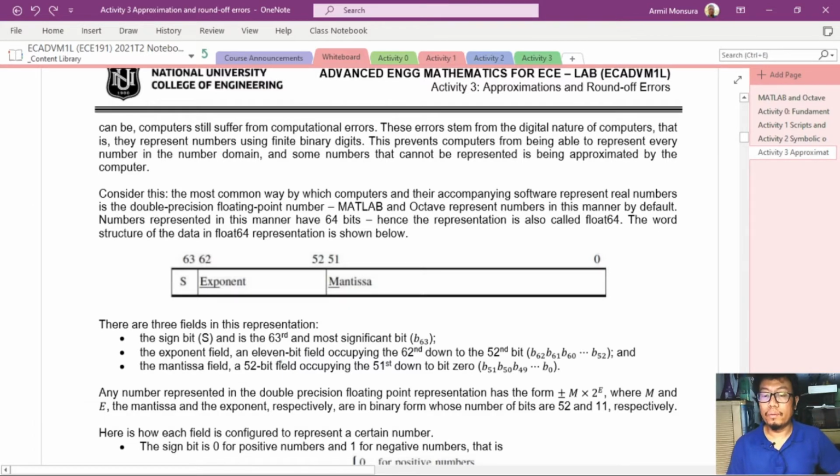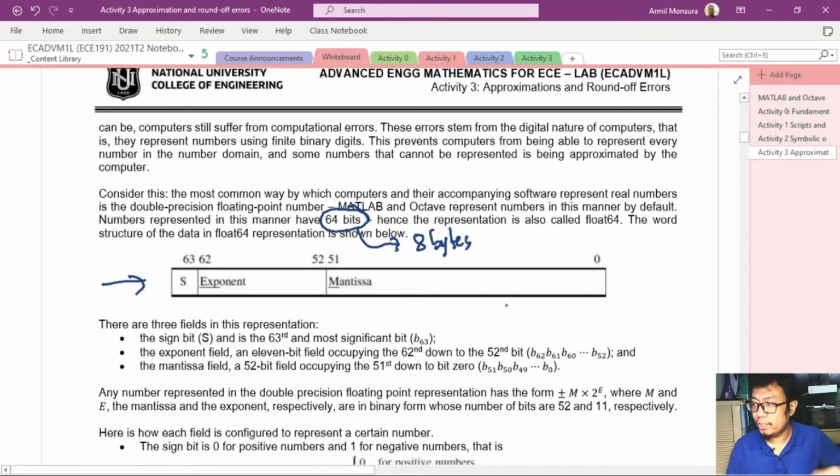Number one, double precision floating point numbers are represented using 64 bits. So that is why it has 8 bytes of information. Ayun. Now, yung 64 bits na yon has the following code word.